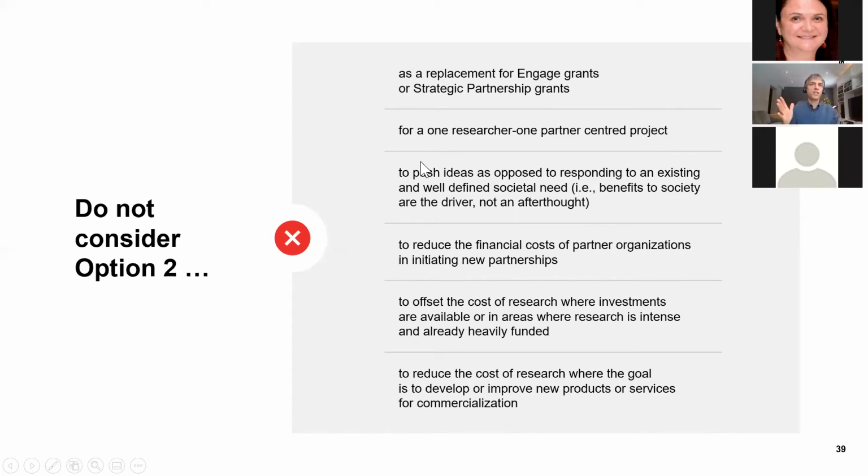So what it's not: it's not a replacement for Strategic or Engage. Definitely not. Engage was really partner specific. It's not a one-researcher-centered project, and it's also not just about the money to reduce the financial cost of partners, because really this project could not happen in other ways than if NSERC puts more money into it. And it's not just about developing a product or service for commercialization.